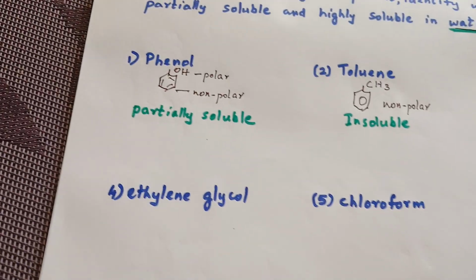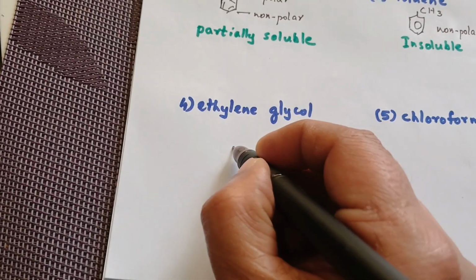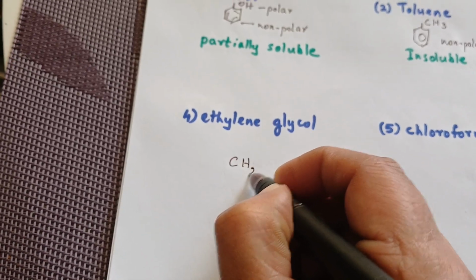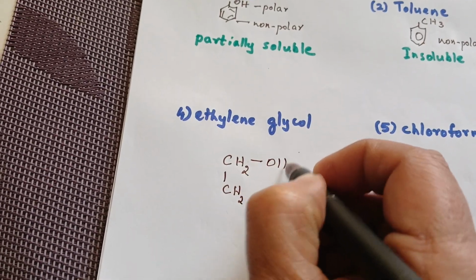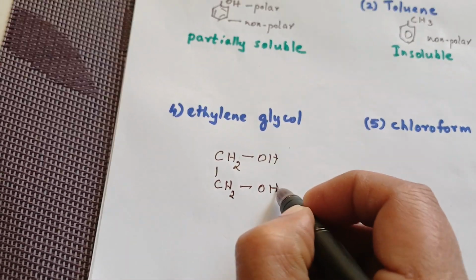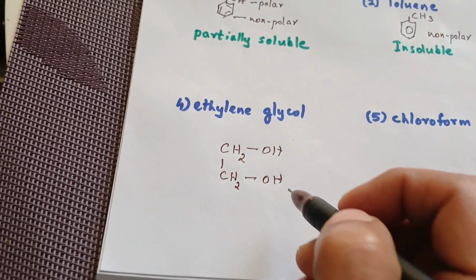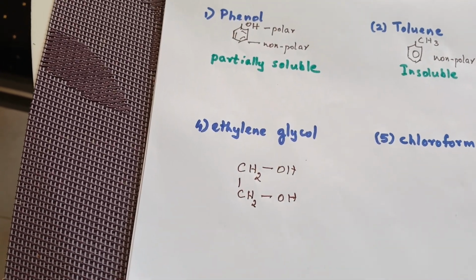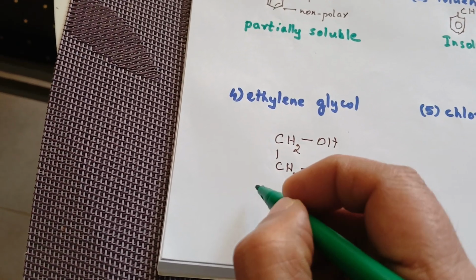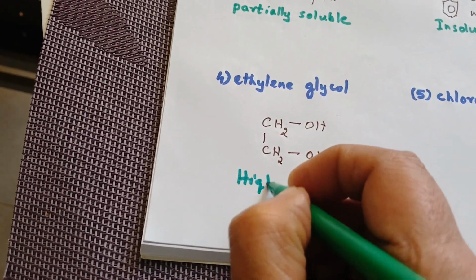Next compound is ethylene glycol. So the formula is CH2 CH2 OH OH. There are two hydroxyl groups there, OH groups of polar nature. So this is also highly soluble in water.